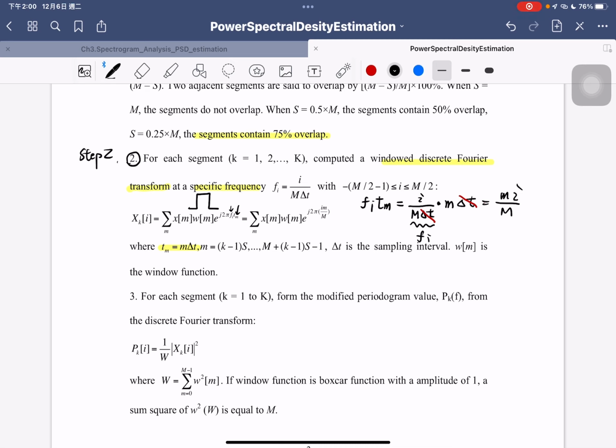So you can see the result showing here is the same as I wrote down here. Okay, so for the step 2, we just apply the Fourier transform and then we compute the spectrum amplitude already. Okay, and what is the step 3? So here is the step 3.